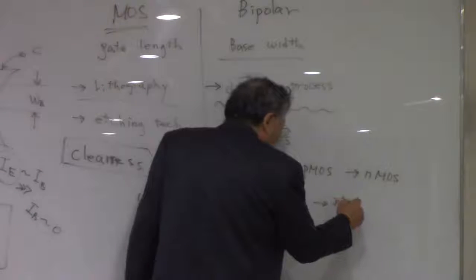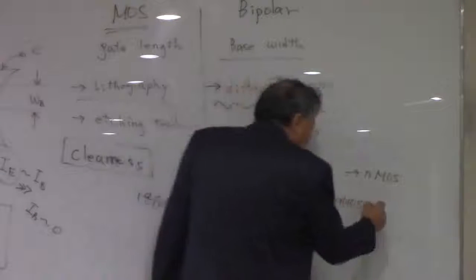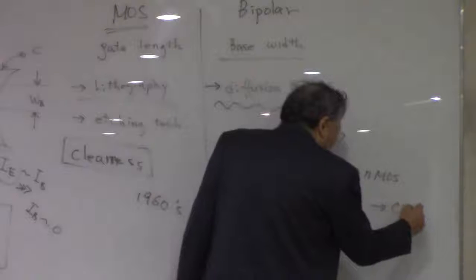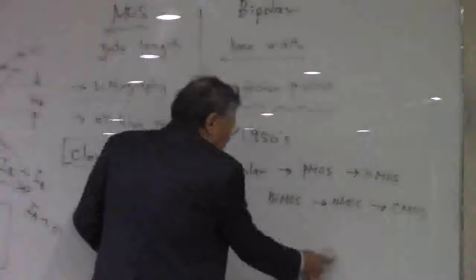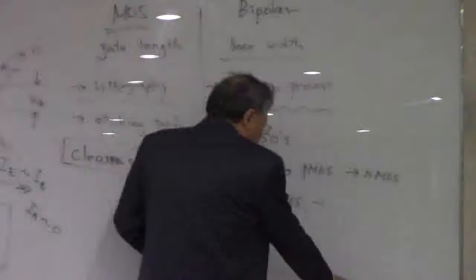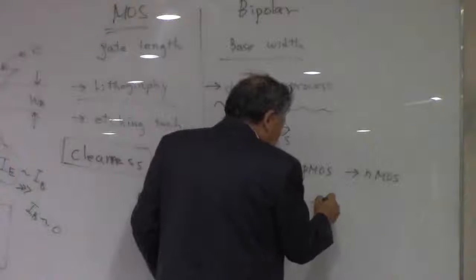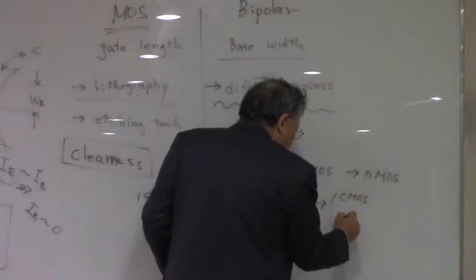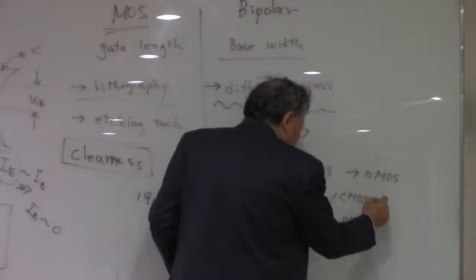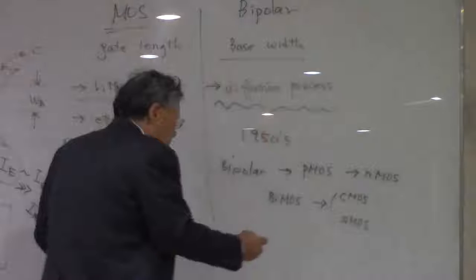And then we just have NMOS, and then we have complementary MOS. Things like this. It has been changing. I should say, now we have CMOS and BiMOS at the same time.